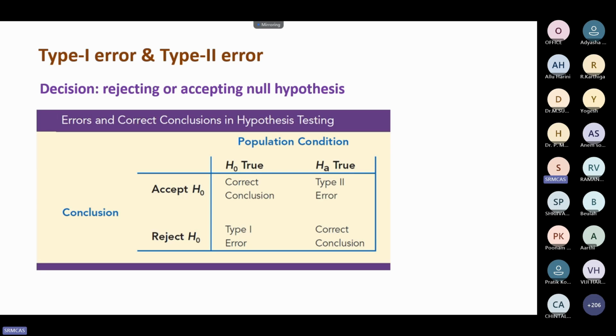That means we are accepting the alternative hypothesis, that there is an improvement due to the intervention. Then we will invest more and more to improve the activities, spend more cost and resources, and make policies in favor of the alternative hypothesis. But actually the null hypothesis is true.